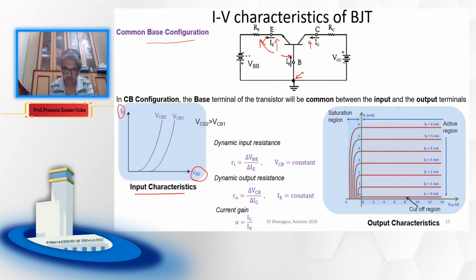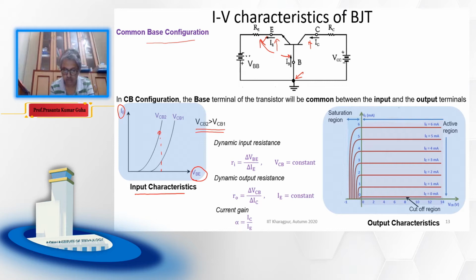And we have also mentioned that if we increase the collector base voltage, higher will be the emitter current, simply because with increasing collector base voltage the effective base width will decrease.